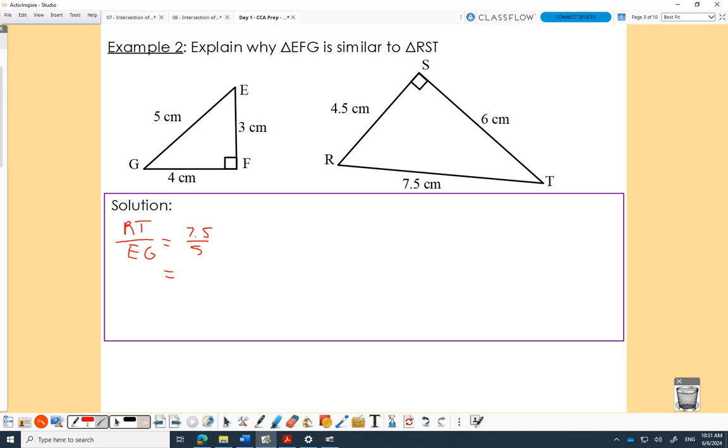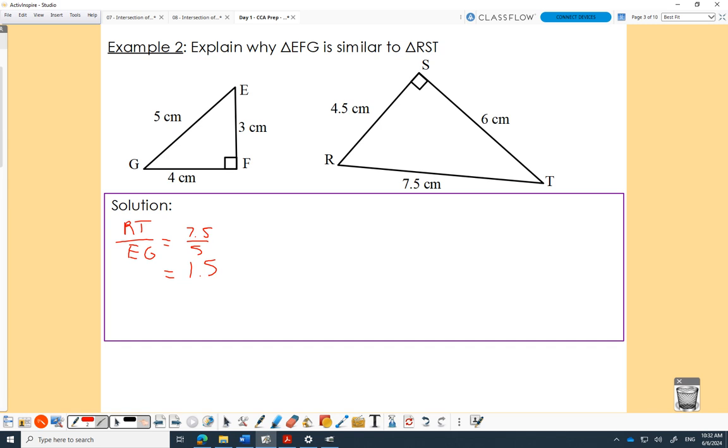Because sometimes the ratio is not something nice. Some of you were doing these questions by just looking, oh, it's double, it's triple. That works sometimes. But sometimes the ratio is a little bit nastier. This one's not too bad. 1.5. So if this is truly going to be similar, I better find that the ratios are all 1.5.